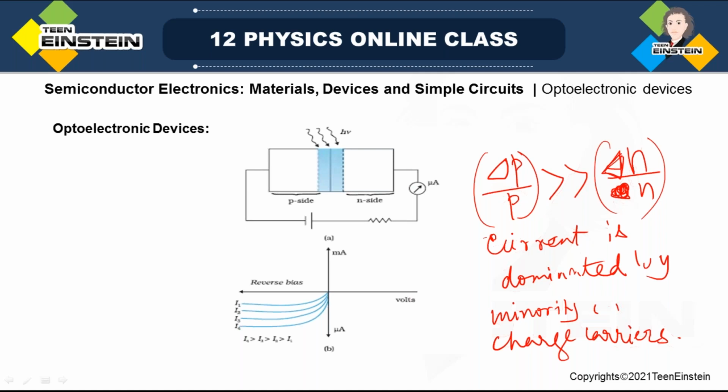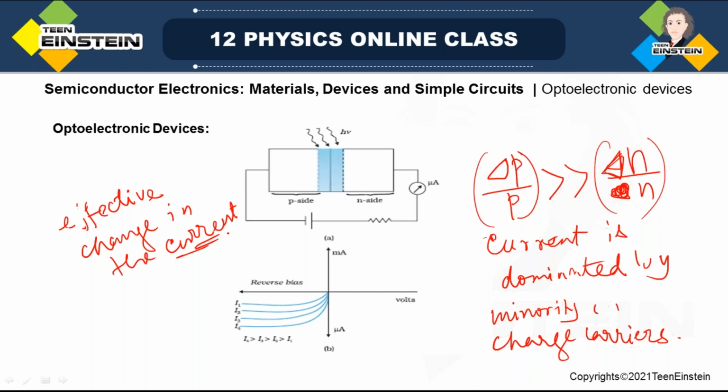Therefore photodiodes are operated in reverse bias condition such that a large change in the minority charge carrier can produce an effective change in the current, and this change will be of sufficient amount to detect.